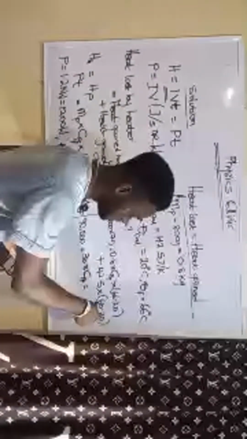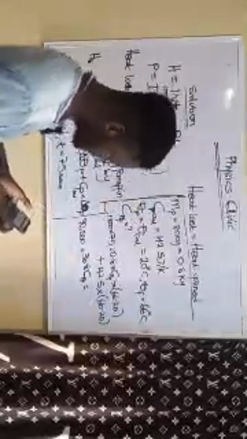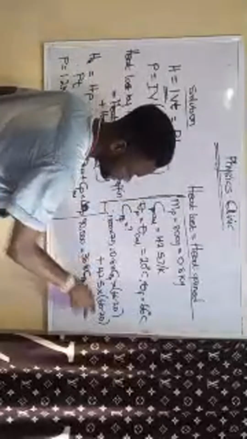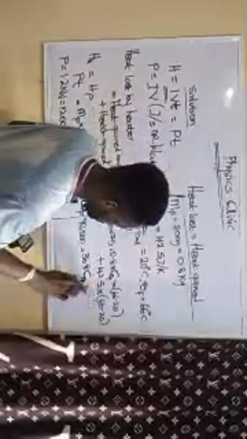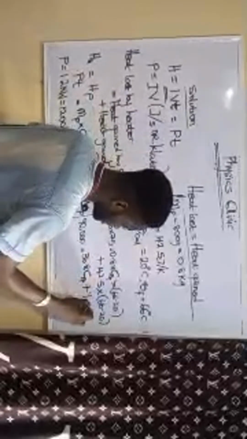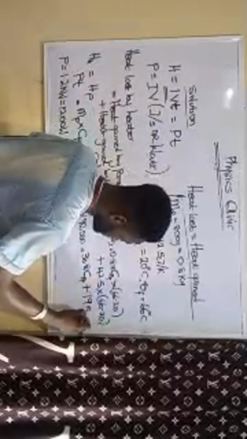C_PF, that is the specific heat capacity of paraffin, plus again 66 minus 20 is 46, times 42.5. 46 times 42.5 will give me 1,955.